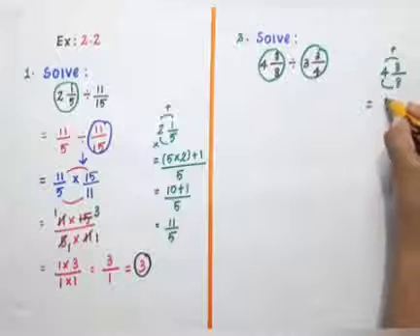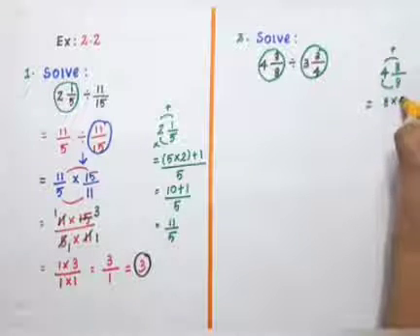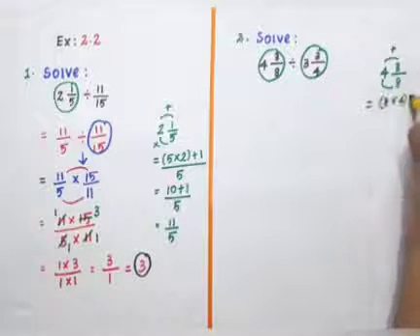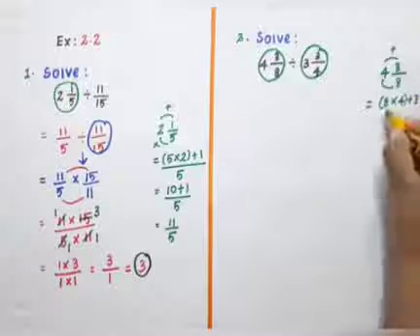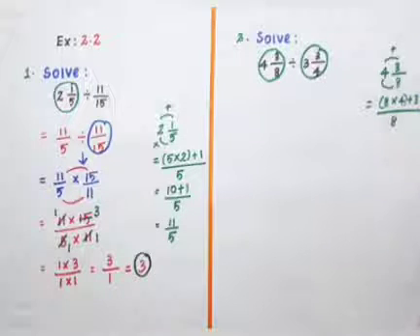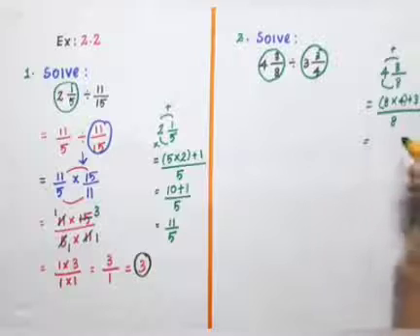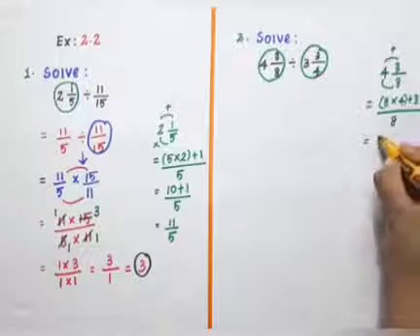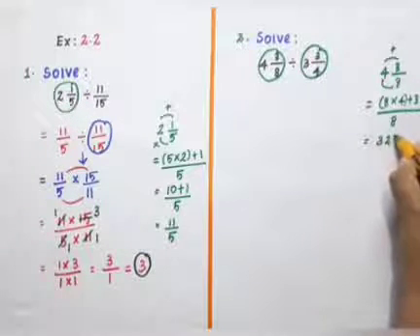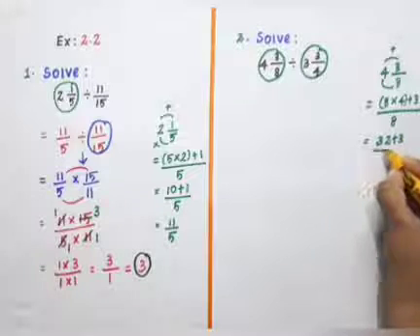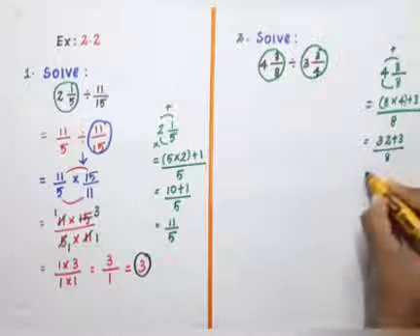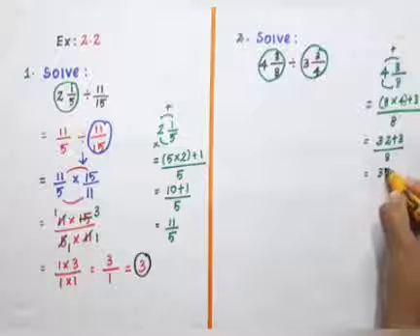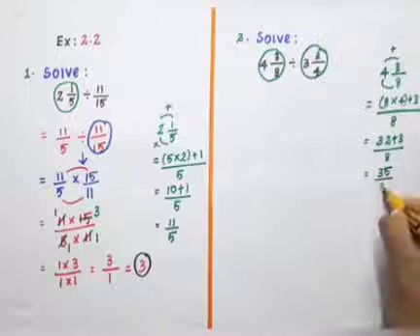That is 8 multiplied by 4 and added with 3, divided by 8. This is equal to 8 fours are 32, added with 3, whole divided by 8. This is equal to 35/8.